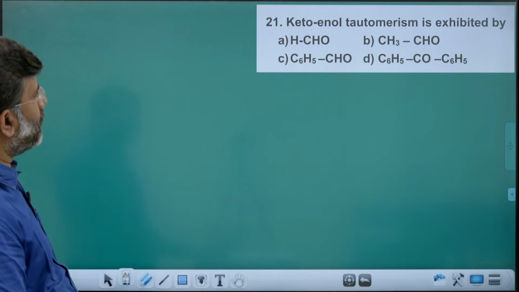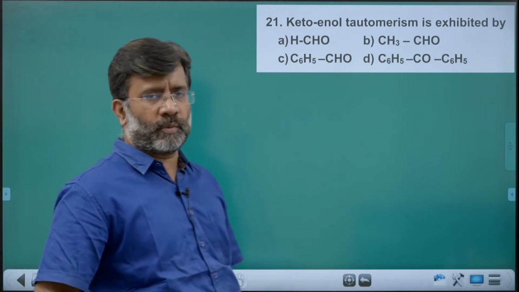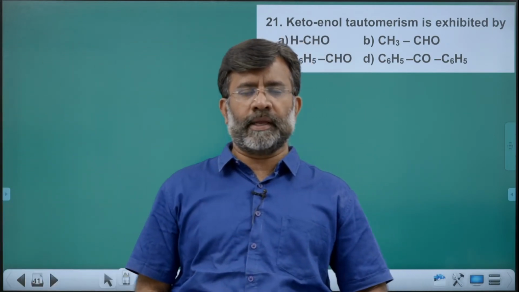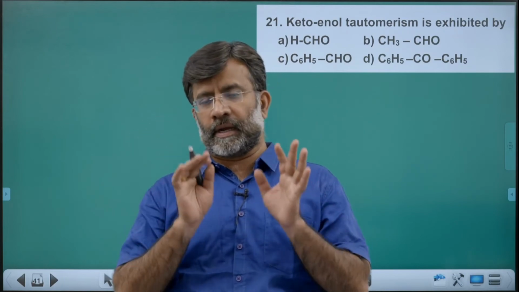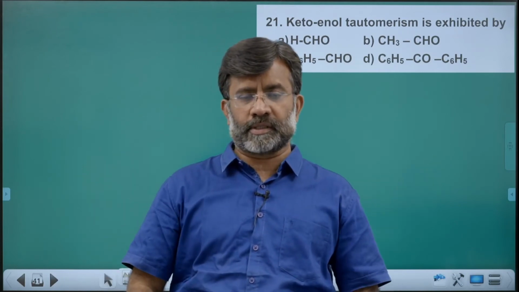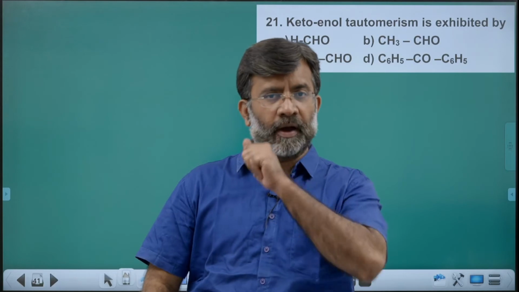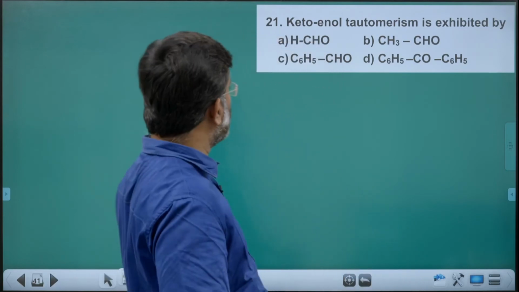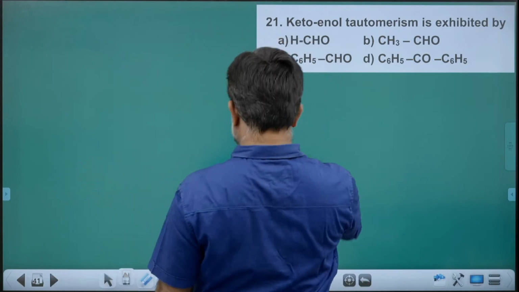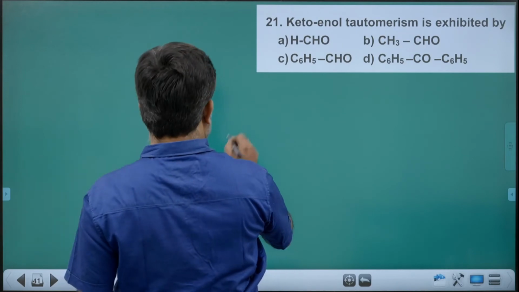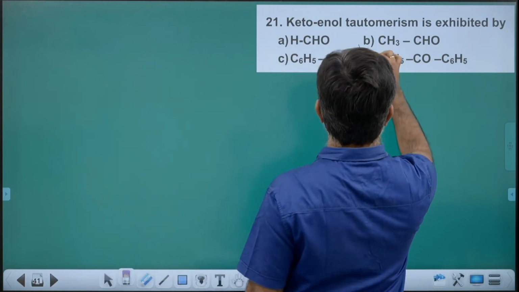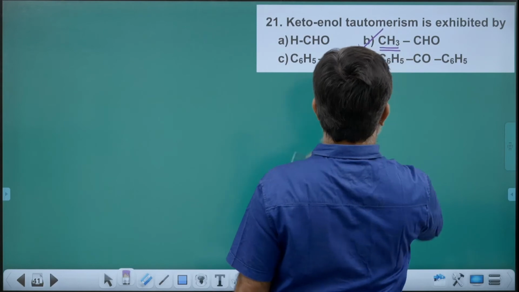Keto-enol isomerism is exhibited by molecules containing alpha hydrogen, such as aldehyde, ketone, nitro compounds, etc. Molecules containing alpha hydrogen can give you keto-enol isomerism. It is not option A because it is only one carbon. Answer is option B. Here you have alpha hydrogen.